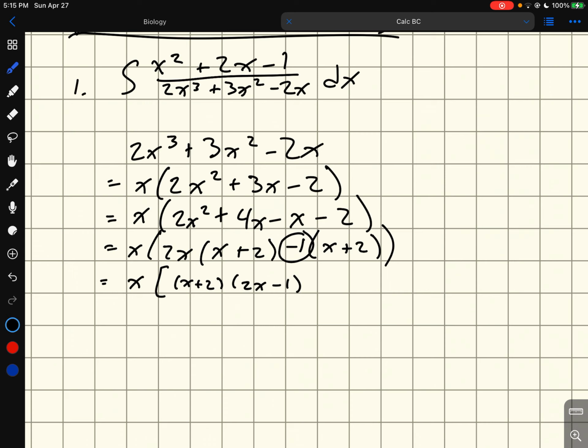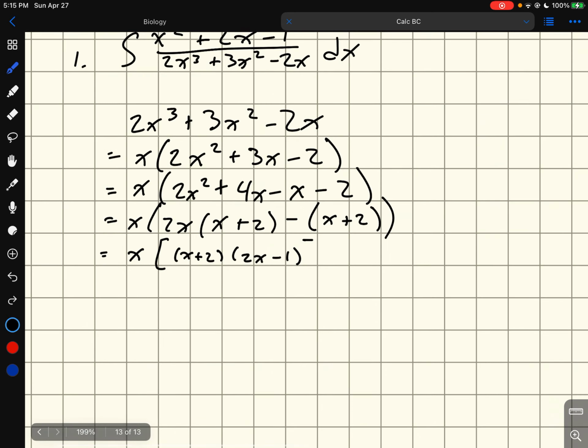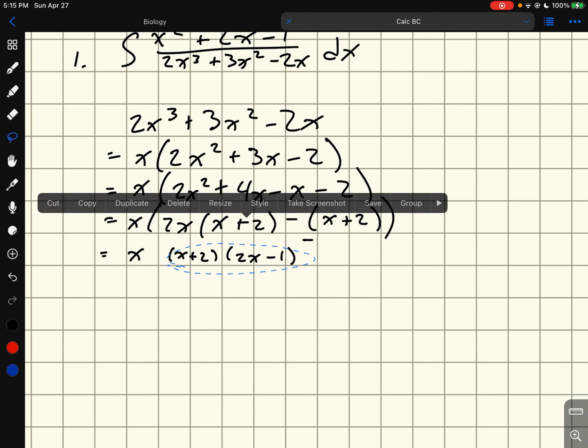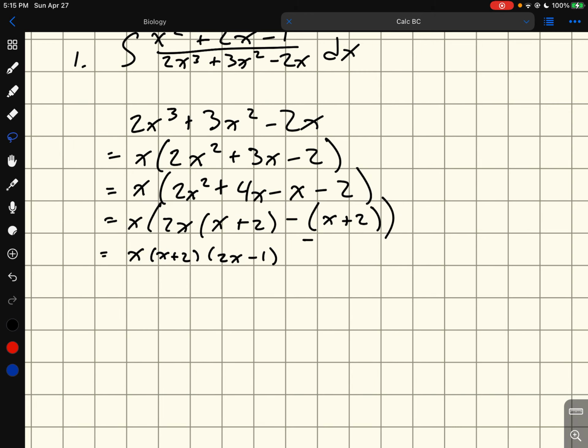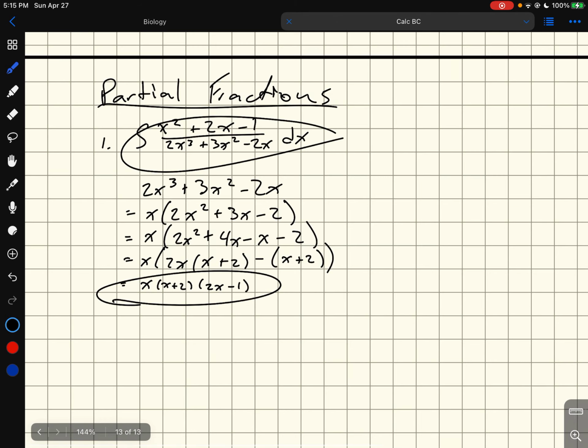Invisible minus 1. So I guess I don't need the brackets here. And I'm just going to move everything closer together. Okay, so this is our factored form of this denominator.